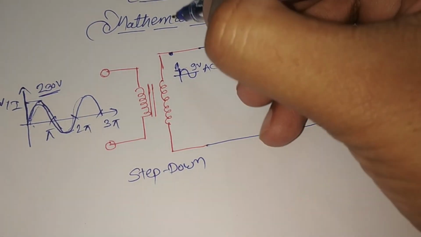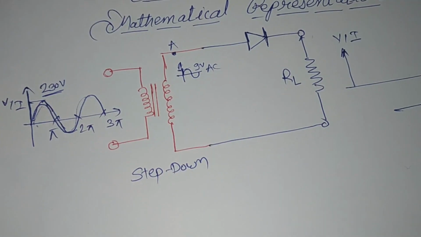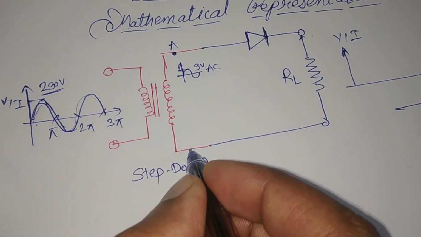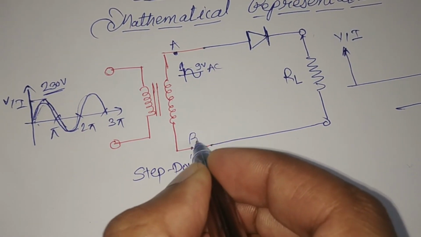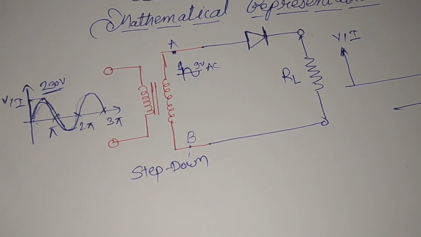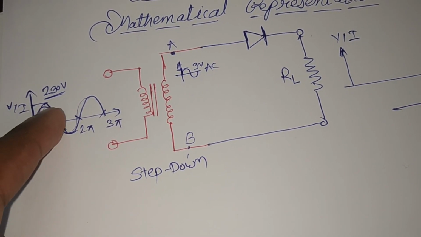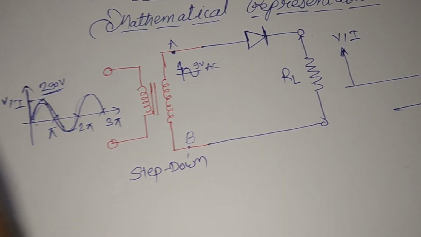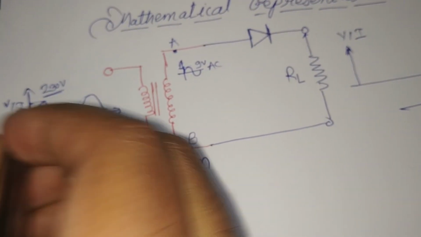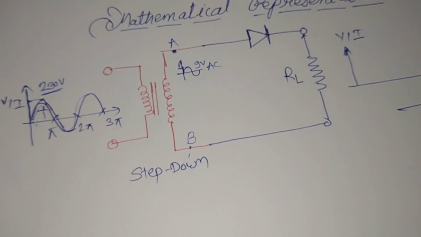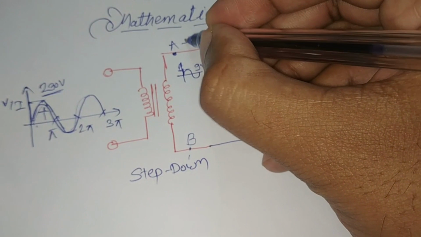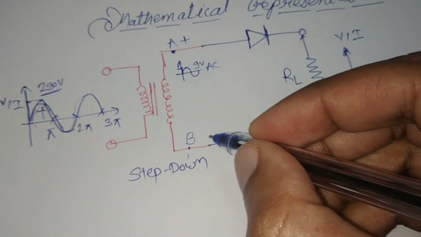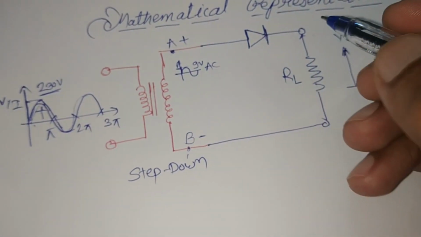So if we consider this point as A and this point as B, what will happen in alternating? We have positive and negative cycles. Let us consider the first positive cycle as we have seen in the animation. In the first positive cycle, A will become positive and point B will become negative.